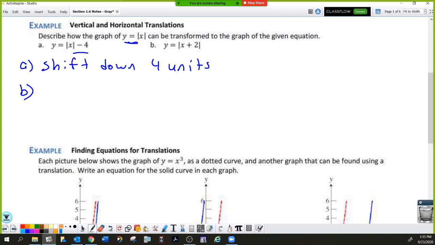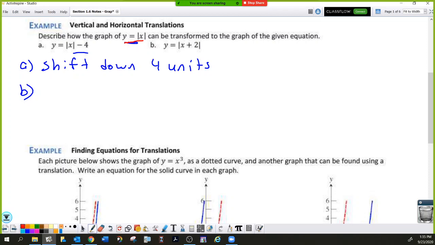Now for B, we go through the same script. You look at the function, you look at what it used to be, and you look at what it is now, and then I would ask my class, did we have an inside change or an outside change? And you would say? Inside change. Oh, well, if I'm changing the inside, did I change my x's or my y's? Less voices that time. Inside changes are x changes. So we have changed our x's somehow.